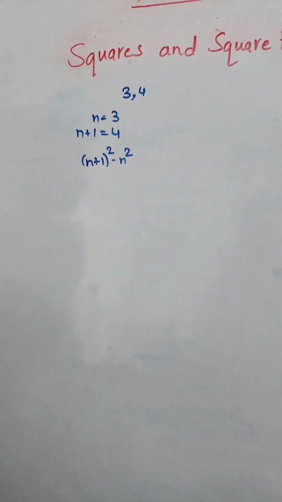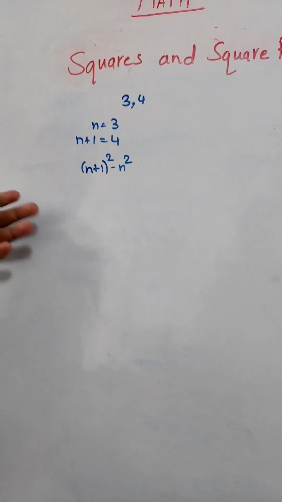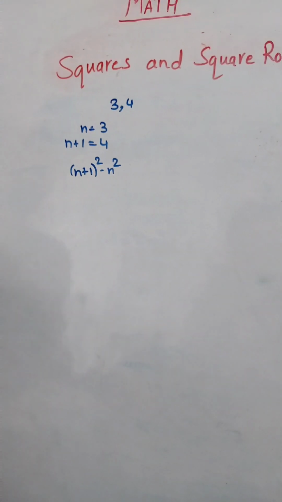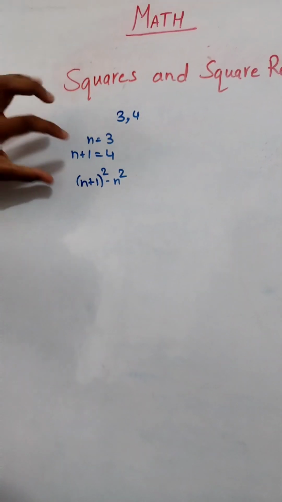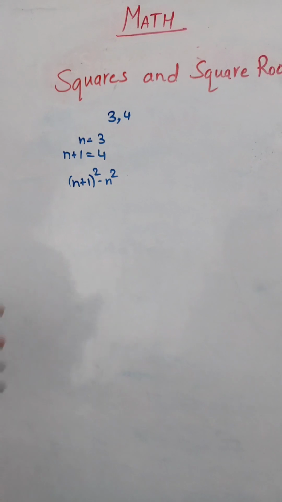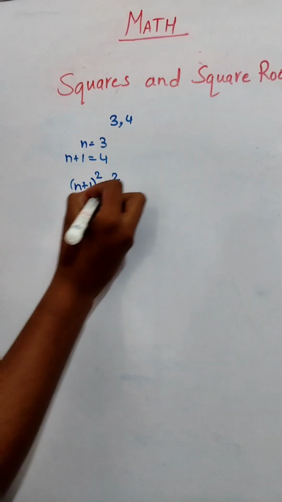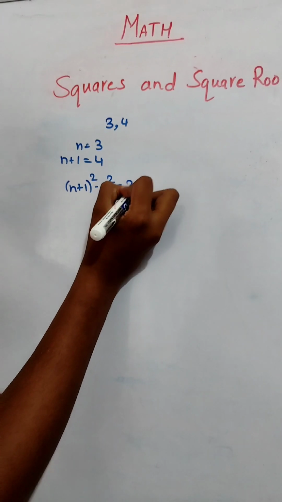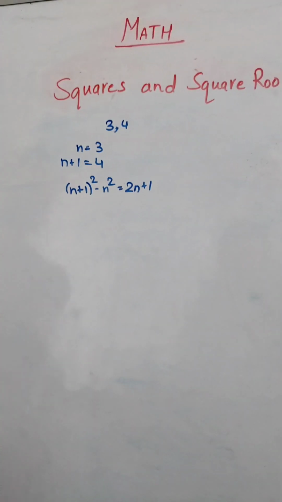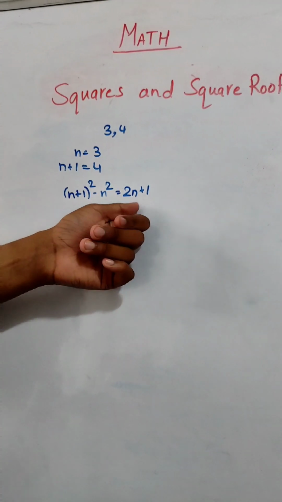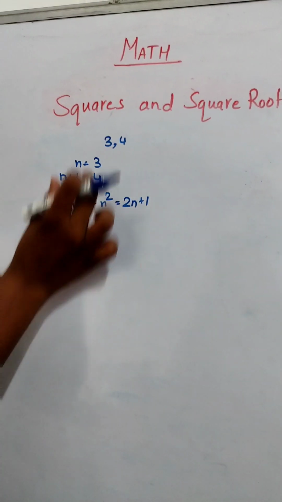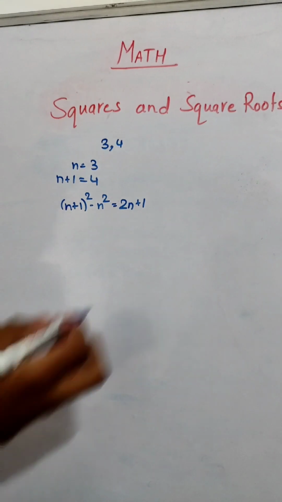This we should remember, as we can write the whole expression as n plus 1 whole square minus n square. This is the difference between these two squares, which shows how many numbers are in between. This expression is equal to 2n plus 1. After simplifying, we get 2n plus 1, the difference of both these squares.